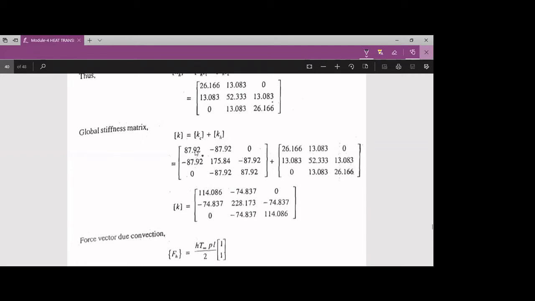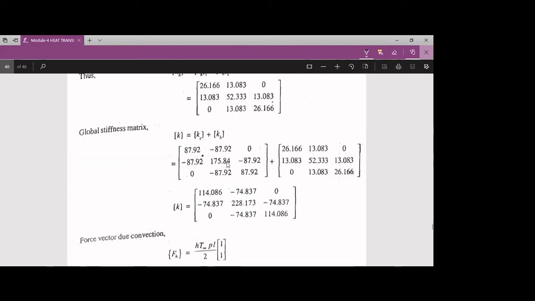For example, the first location: 87.92 plus 26.166 gives 114.086. Similarly, the second one, minus 87.92 plus 13.083, gives minus 74.837. Then 0 plus 0 gives 0. Similarly, minus 87.92 plus 13.083 again gives minus 74.837.